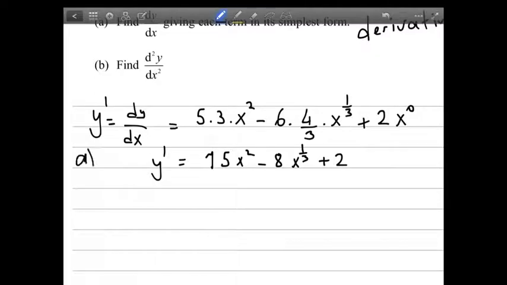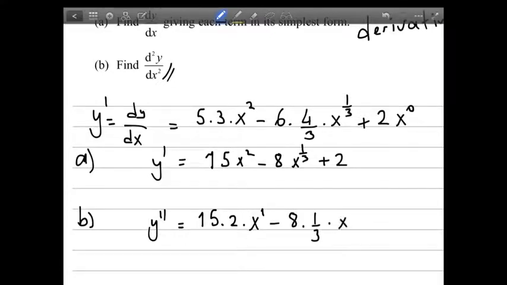This is the first part, and the second part asks to find the second derivative, and we continue to take the derivative: 15 times 2 times x to the power of 1 minus 8 times 1 over 3 times x to the power of minus 2 over 3.